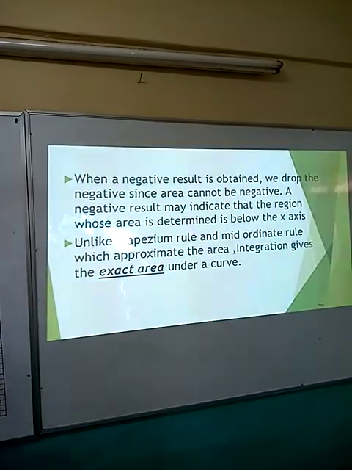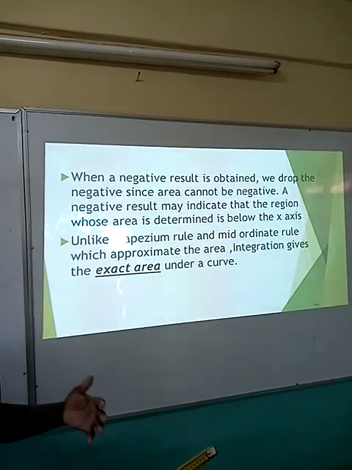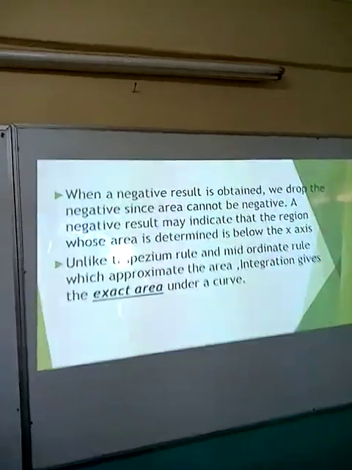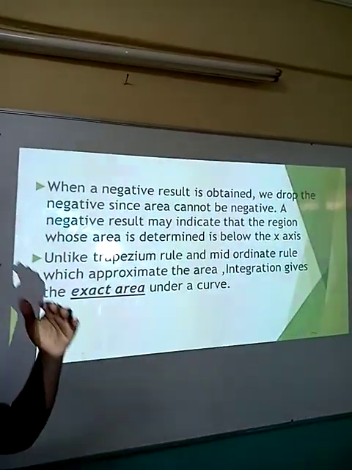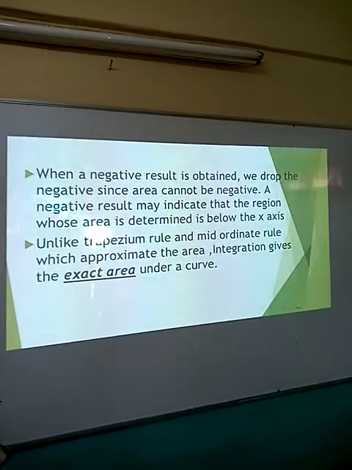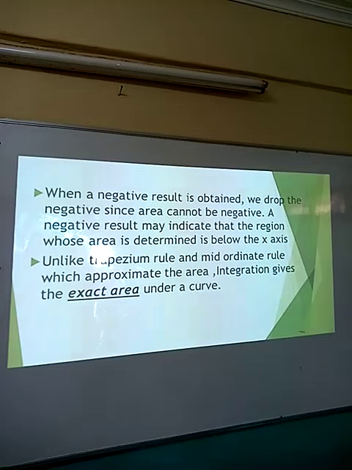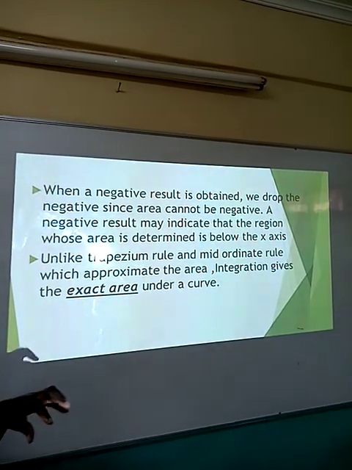But what is the meaning of a negative area? A negative area in our calculation, if you find it, simply means that the area that we have determined is below the x-axis. That is when it becomes a negative result, and as I've said, we drop that negative.